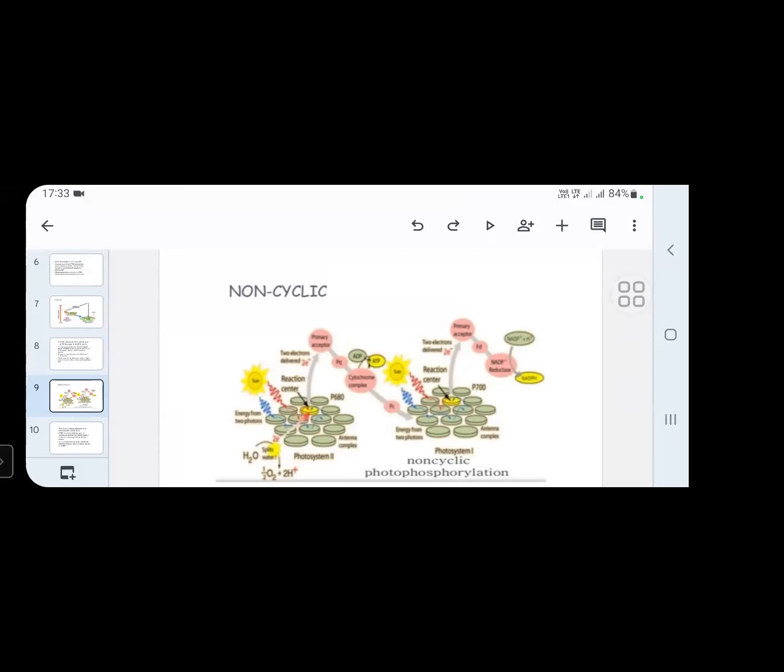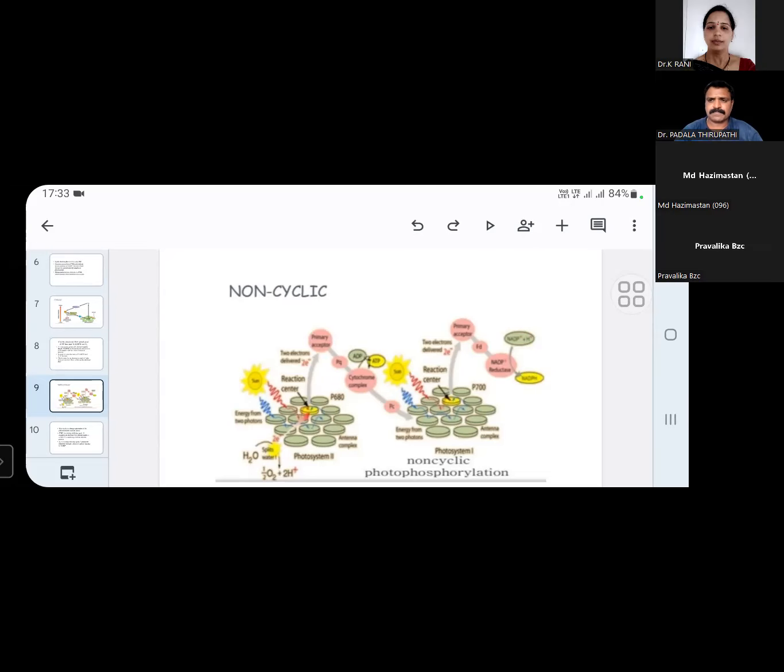Non-cyclic was first proposed by Hill and Bendall in 1961. They proposed the scheme of photosynthetic electron transport. It involves both photosystem 1 and 2. In cyclic only photosystem 1 is involved, but in the non-cyclic, PS1 and PS2 both act in series.